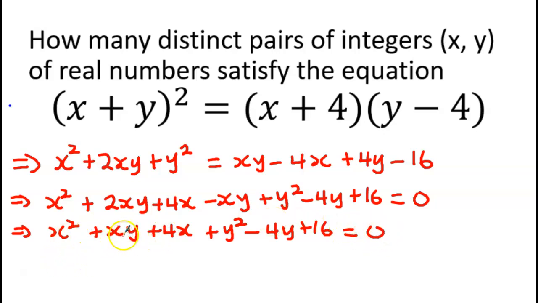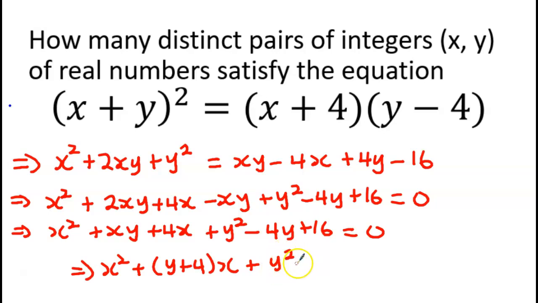So we want to have a quadratic equation in x. So x squared plus, let's factorize x. We have y plus 4 when we bring the x out, then plus y squared minus 4y plus 16 is equal to 0.